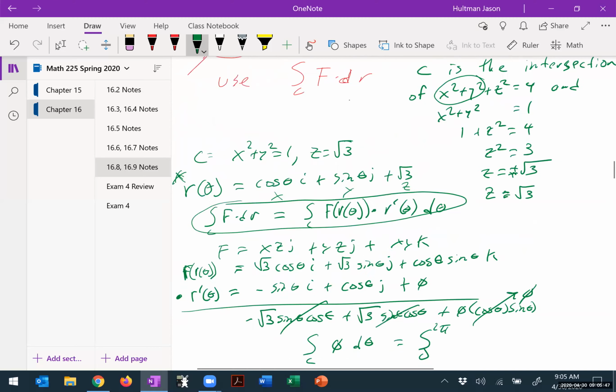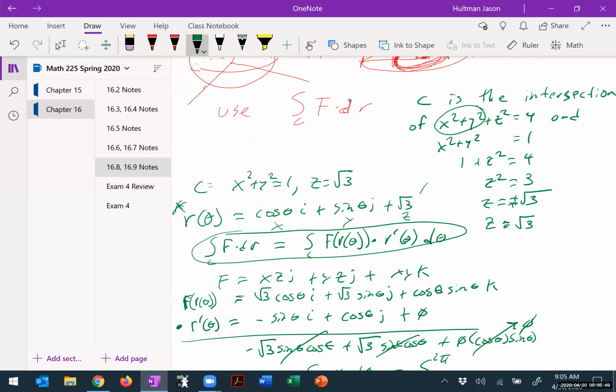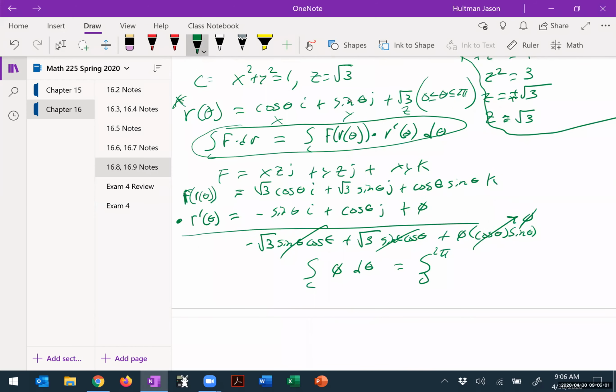Probably should have written that up here, where theta is 0 to 2 pi. So the integral from 0 to 2 pi of 0 d theta becomes 0 minus 0, which is 0. So the whole thing goes to 0.